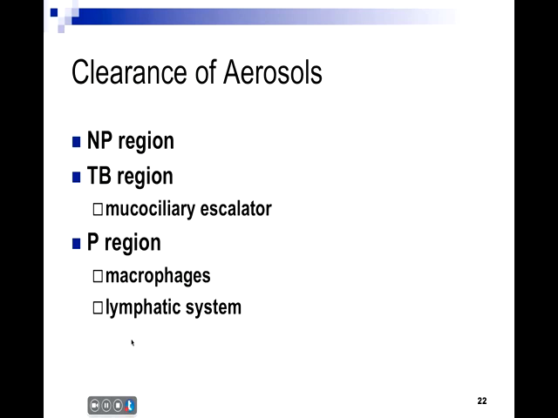The last region of the lungs, the pulmonary region: if particulates make it to that point, they're cleared out by either macrophages or by the lymphatic system. Now the problem with this is that it's a very slow system, and the macrophages are very fragile, and they have digestive enzymes inside of them. So if a macrophage tries to clear out an isometric aerosol particle, like a silica particle, that has sharp projections on the sides, it can damage the macrophage, and the macrophage can then leak its digestive enzymes out into the lining of the lung.